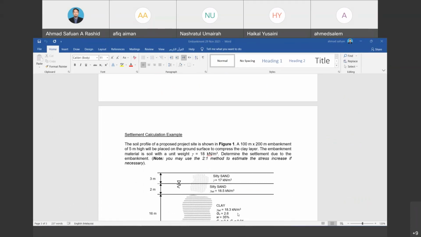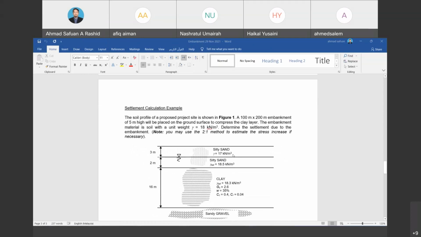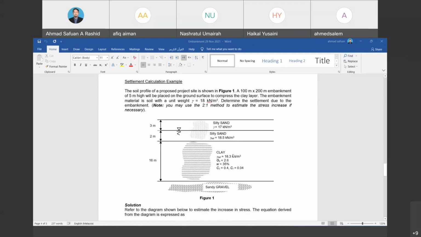So now we move to the example for the settlement. The soil profile of a proposed project site is shown in figure 1. This example is for the settlement calculation.